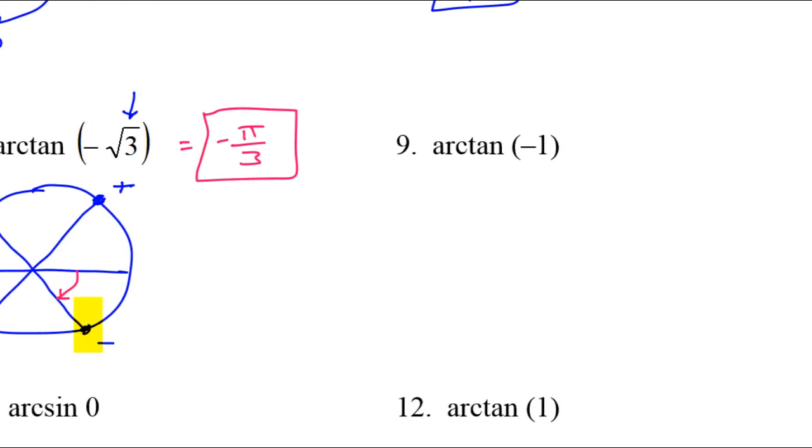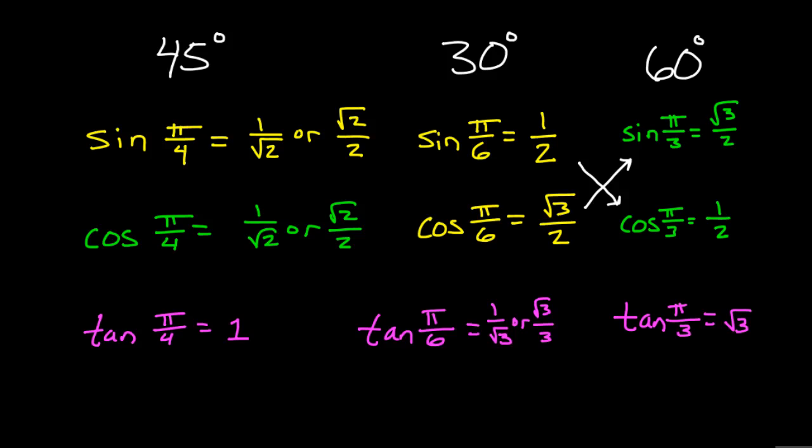Okay, number 9. Arctangent is an angle. It's the angle whose tangent is negative 1. So what angle has a tangent of negative 1? Now ignoring the negative sign, this is on our chart.